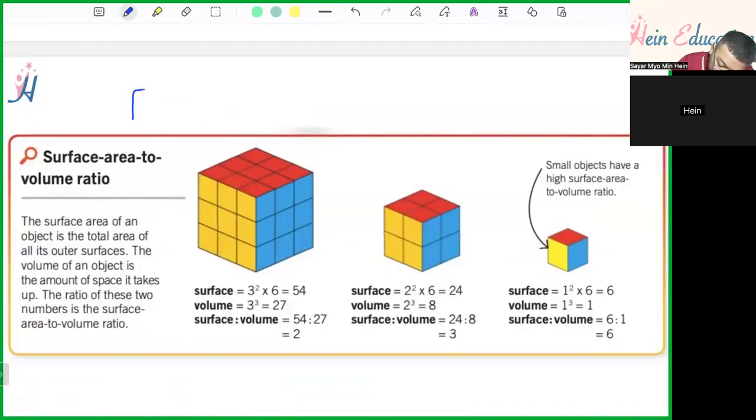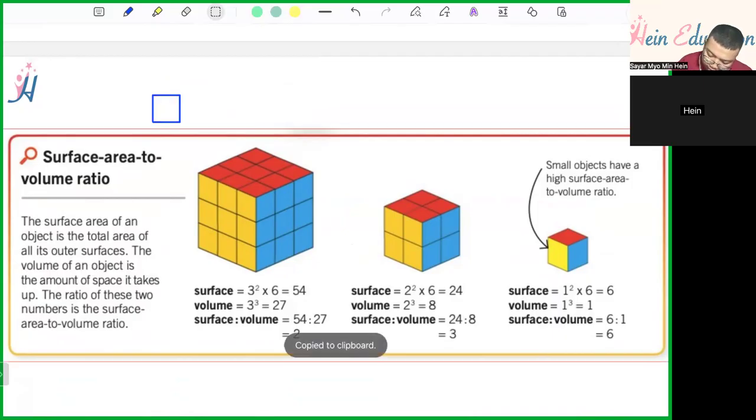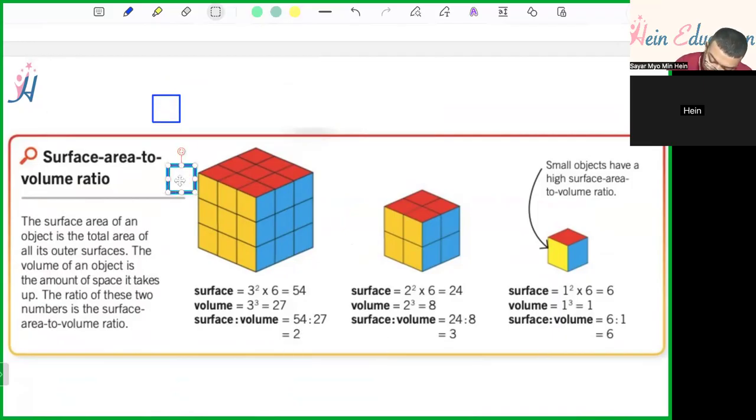Let me draw a cube. This is a cube where we have a side of 1 centimeter. Then we can show you how to calculate surface area to volume ratio.